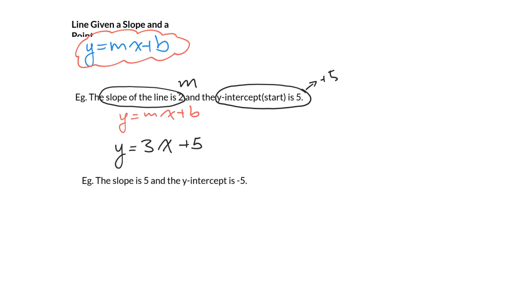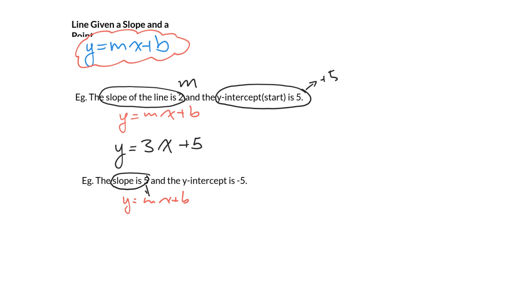Now let's imagine I give you an equation where the slope is 5 and the y-intercept is negative 5. Remember, your equation for every line is y is equal to mx plus b. Then all we're going to do is substitute what we know directly in. In this case, we know our slope is 5.